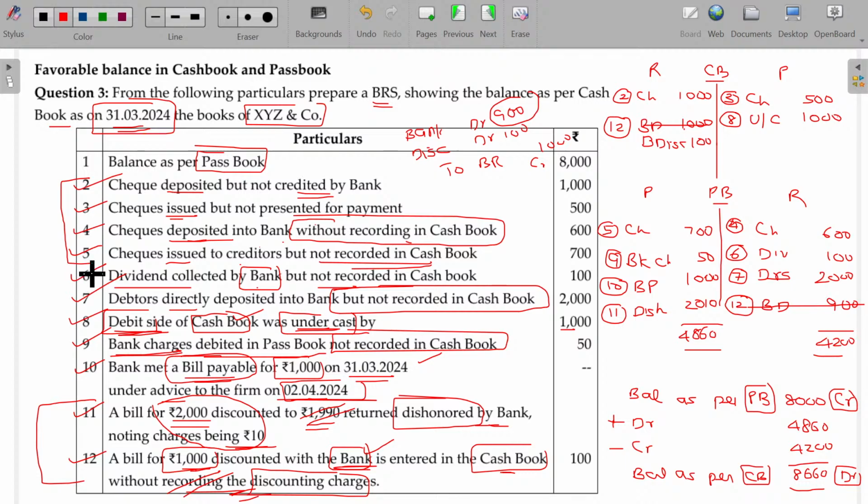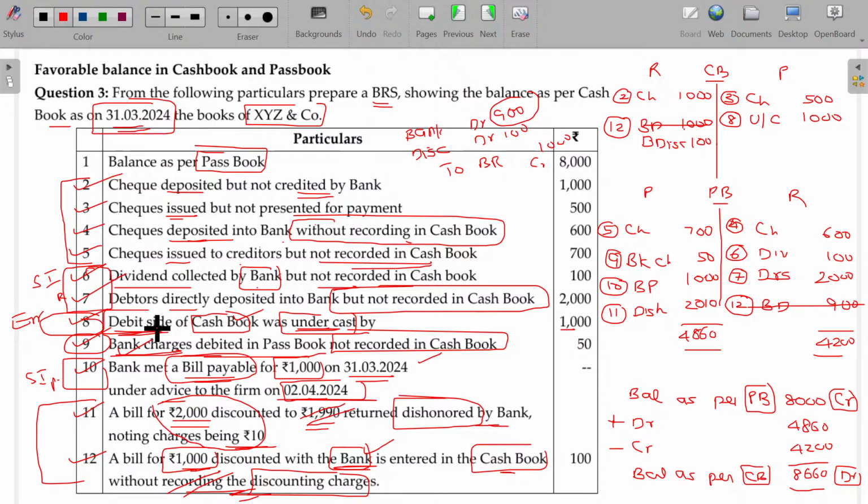And standing instruction receipts, these are the 2. And there is an error, undercasting, overcasting error. And bank charges, bank debits and credits. Apart from that, there is a standing instruction payment. This is standing instruction receipts. This is standing instruction payment. This is bank charges or bank debits.